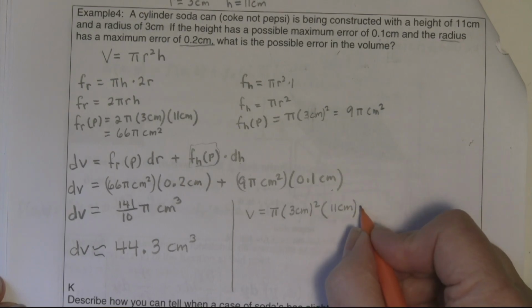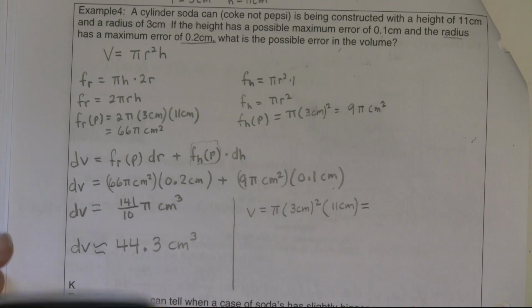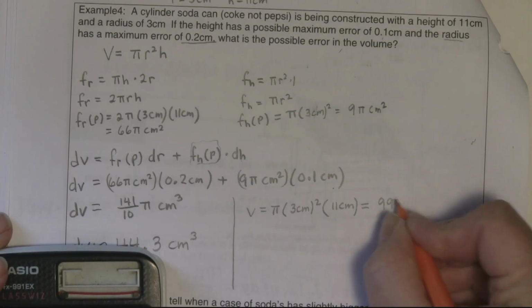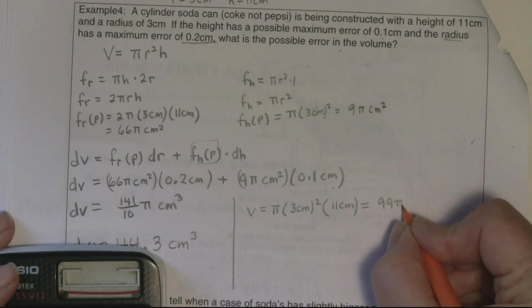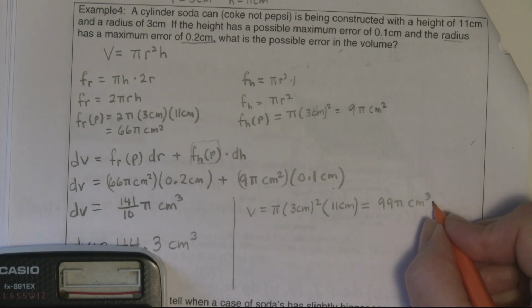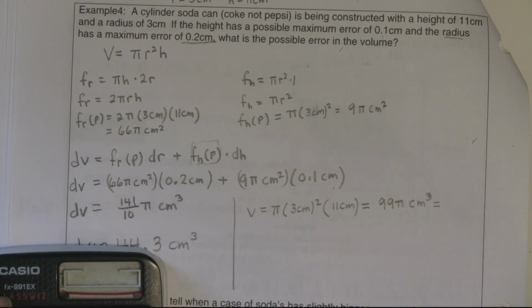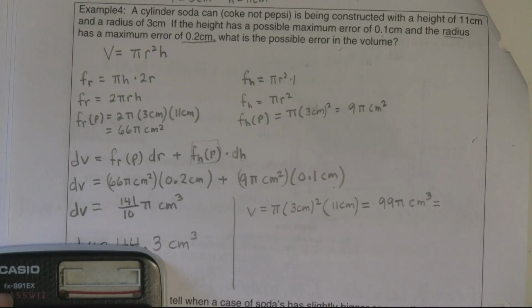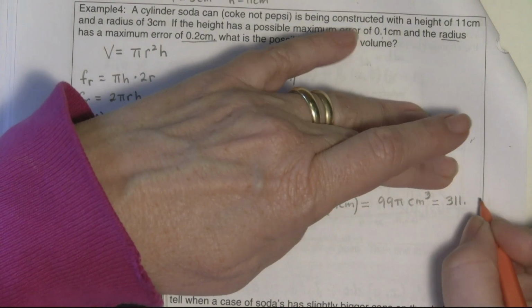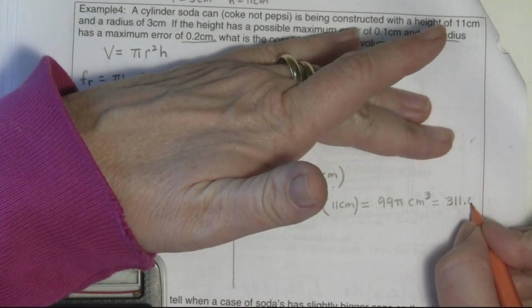That's 9 times 11 is 99 pi centimeters cubed, which is 99 times pi, 311.0 if I round to the 10th.